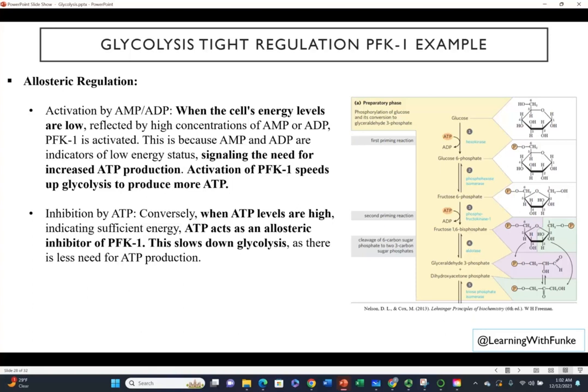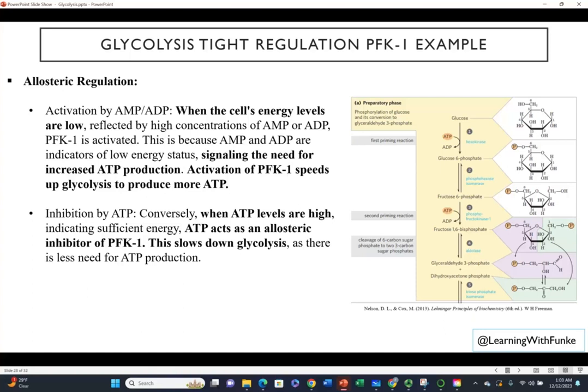That ties into allosteric activation of PFK1. This is because AMP and ADP, like I said before, can be indicators of low energy status, which signals the need to produce more ATP. So by activating PFK1, you can speed up glycolysis to produce more ATP, right?